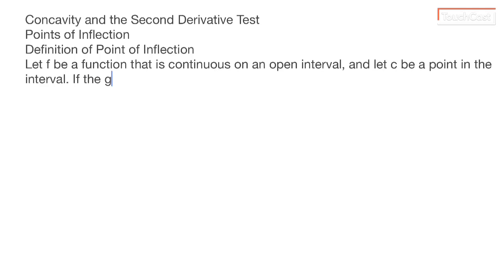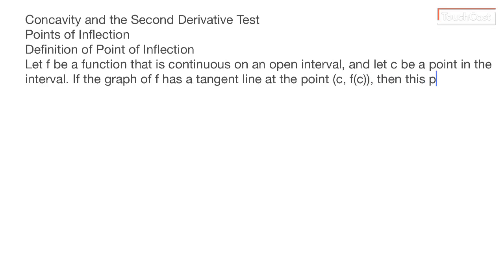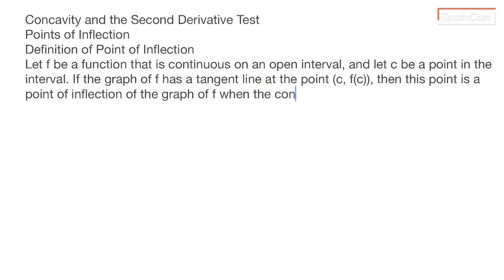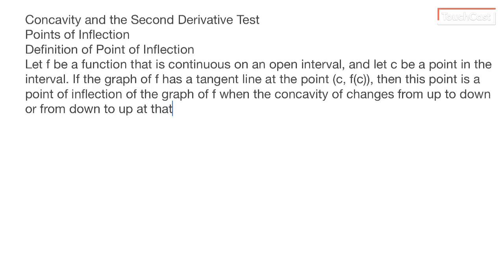If the graph of f has a tangent line at the point (c, f(c)), then this point is a point of inflection of the graph of f when the concavity of f changes from up to down or from down to up at that point.